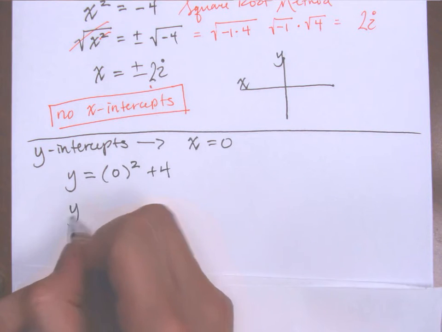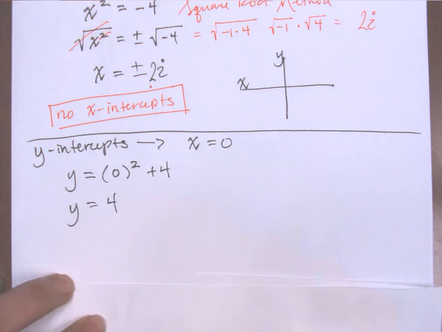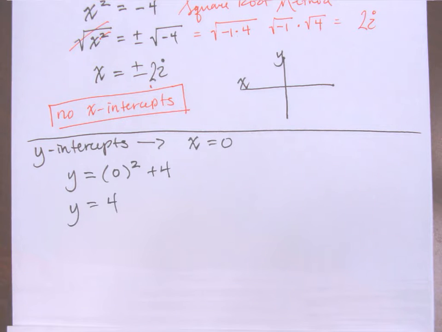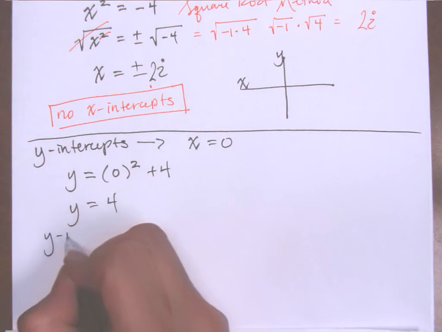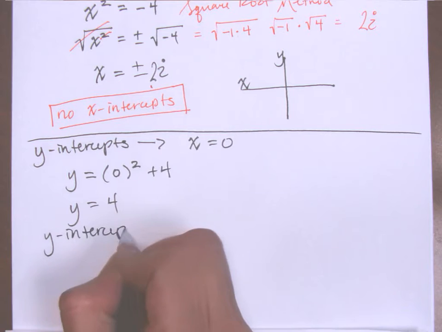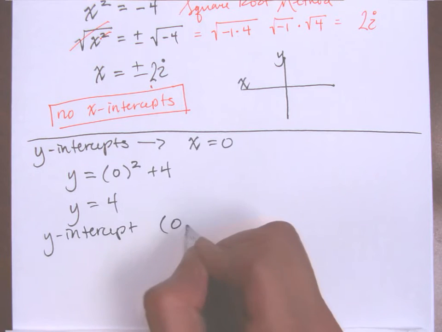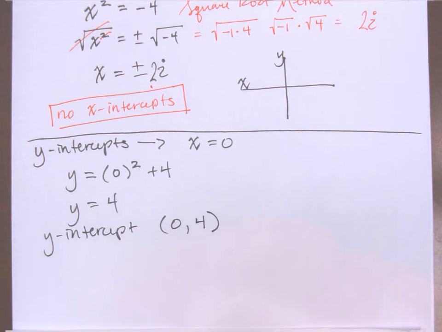Simplifying that down, I have y equals 4. So I don't have an imaginary number. That means I am crossing the y-axis, so I have a y-intercept. And remember, that is a point. So my y-intercept is the point (0, 4). So I only have one intercept.